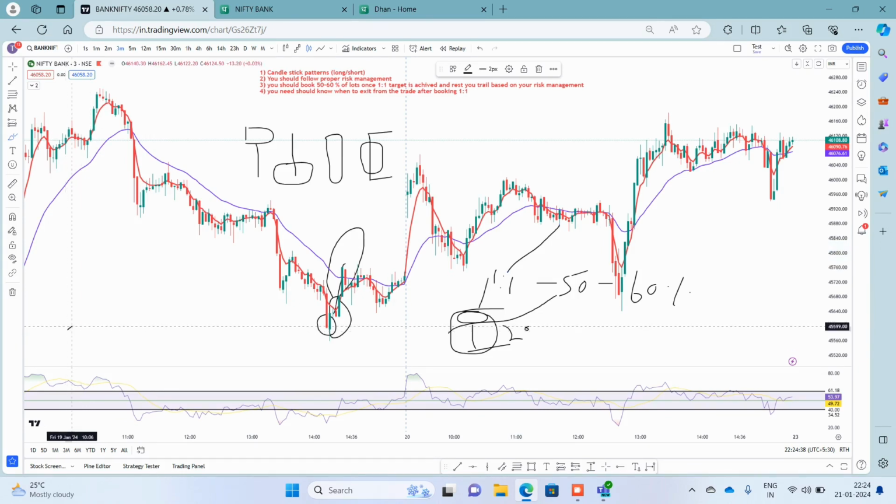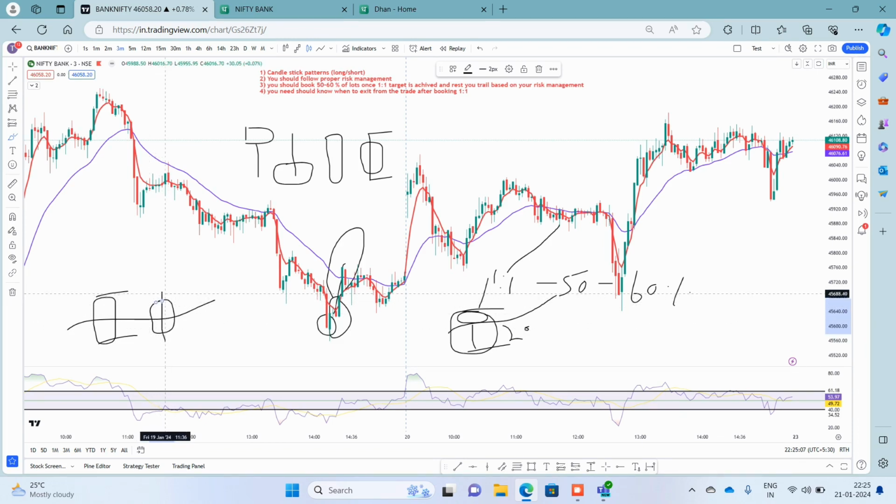The other entry criteria is, let's assume this is a 5 EMA, a full body candle closing above 5 EMA. Bottom of the candle will be your SL, top of the candle will be your entry. In the similar way, the other candle with 70 to 80% of body.